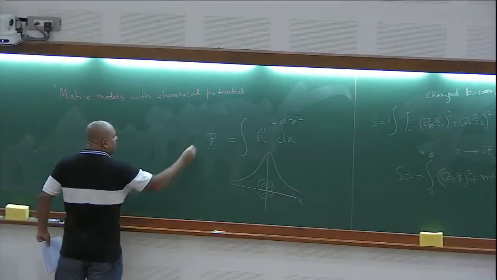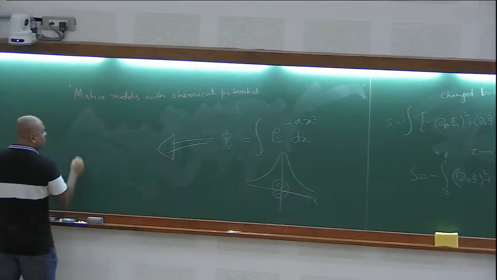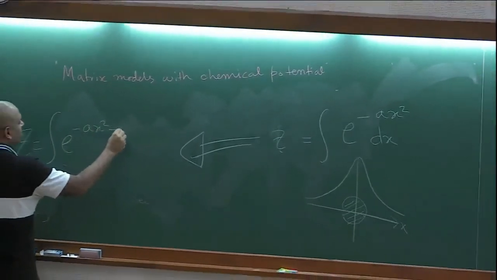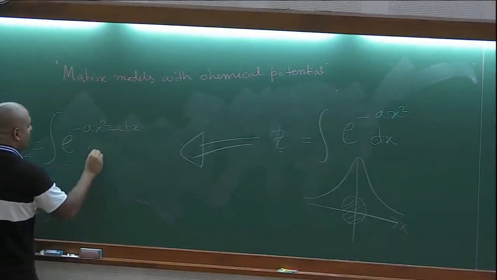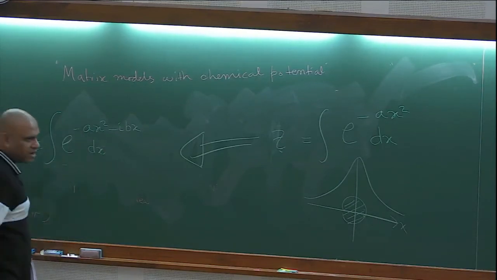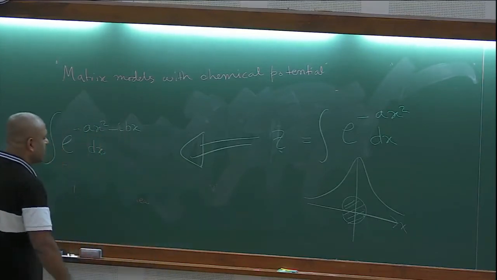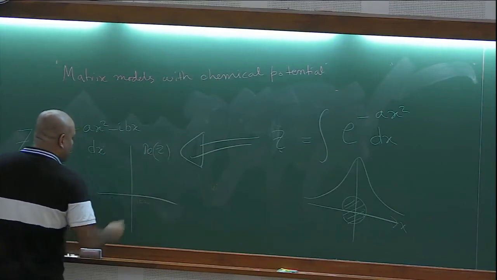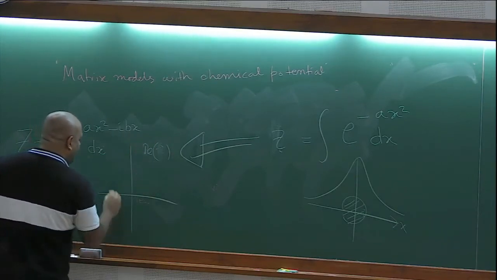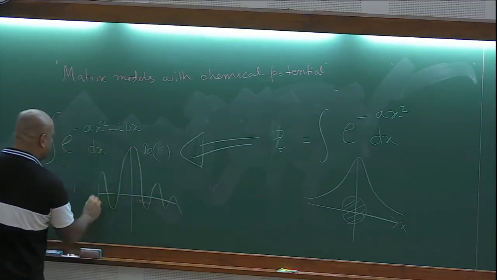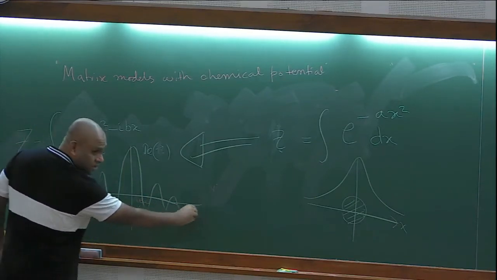For example, if we come to a simple action like this, the real part of which is basically e to the power minus ax square into cos bx. If you draw the real part of this z, you get a curve like this.